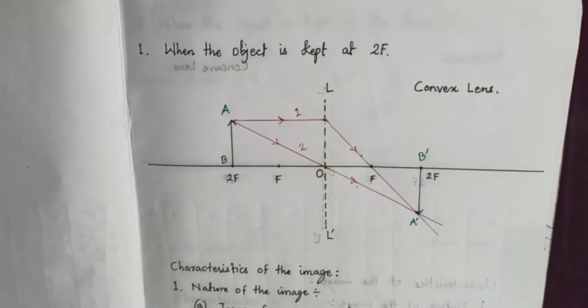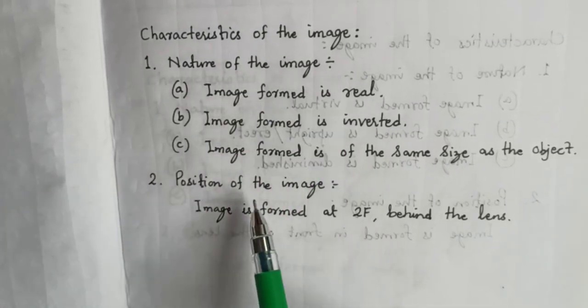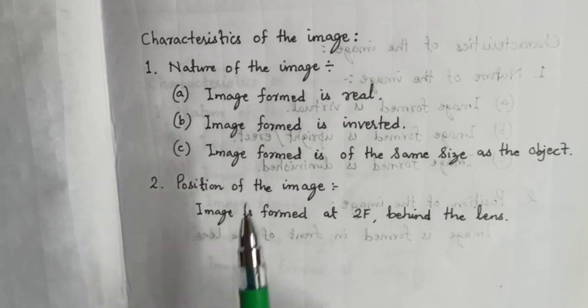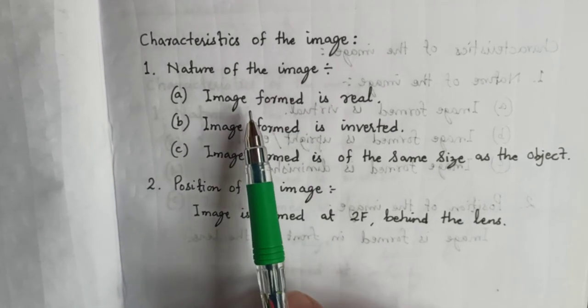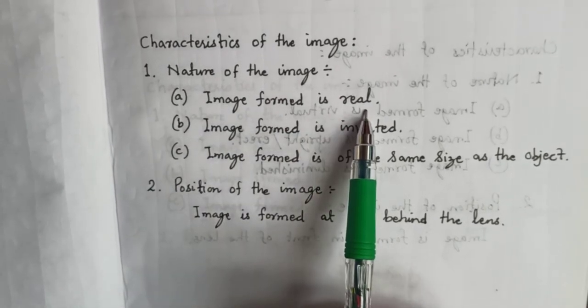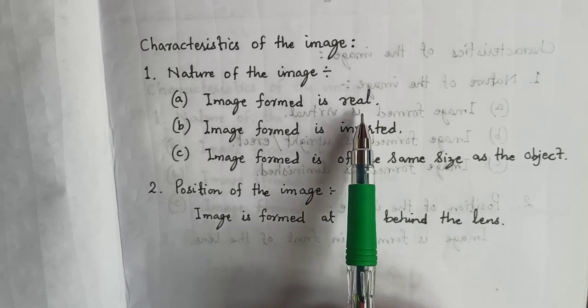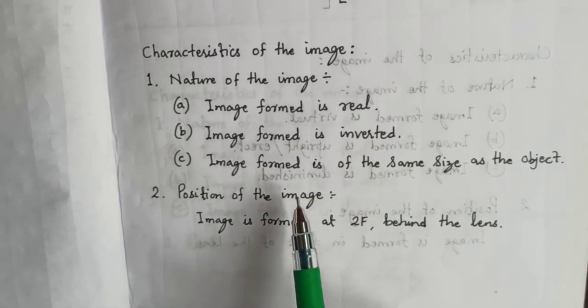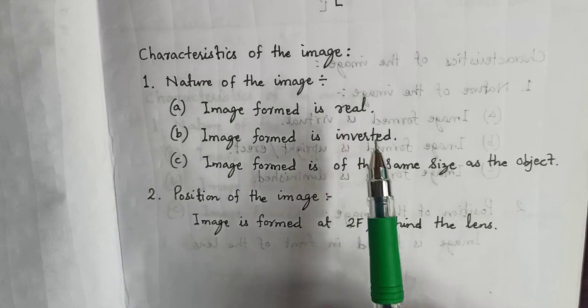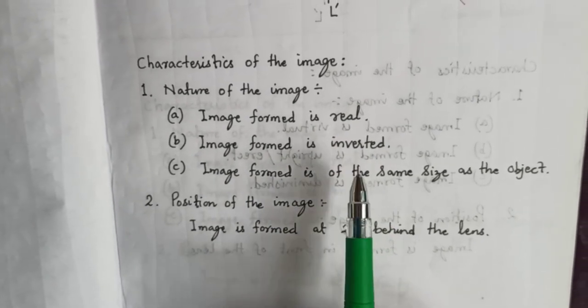Now let's write the characteristics of the image formed. So it will have two steps. First one is the nature of the image formed, and the second one is the position of the image. In the first case, the image formed is real, because we have already seen that the rays of light after refraction were actually meeting and forming the image. So such a kind of image is a real image. And the image was upside down, so the image formed is inverted.